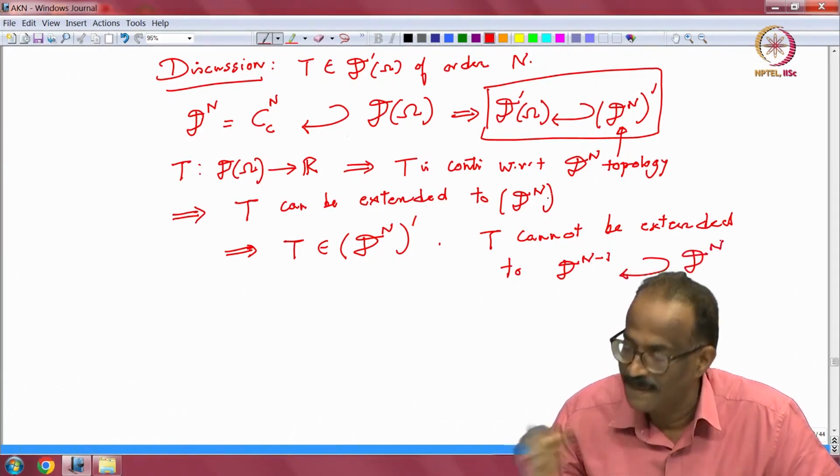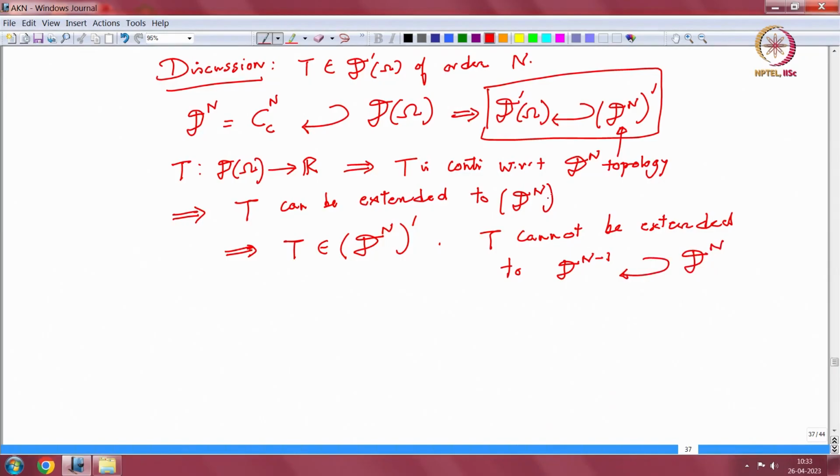This you cannot do, because if you can extend T to n minus 1, then you get your continuity estimate with respect to n minus 1. But n is the order and n is the least number which you get. You cannot go down, you need up to including the derivative of order n. That means T is not in D^(n-1) prime. Okay, this is the important thing.